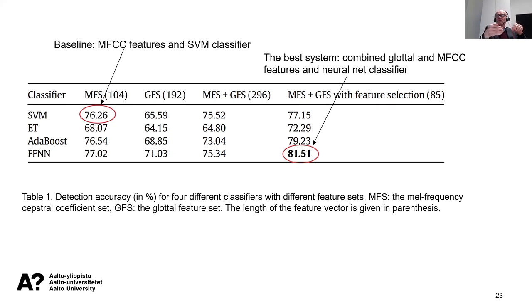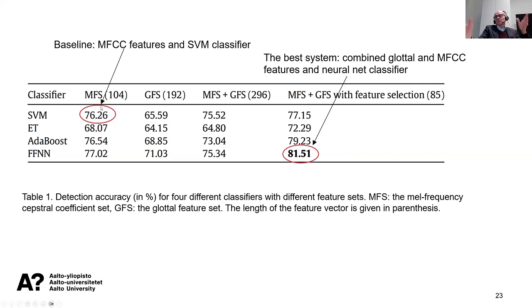It's called accuracy. So this 76 here means, to be simple, that I have 100 people, half of them patients, half of them healthy ones, and the computer automatically makes the decision whether a person is healthy or suffers from heart failure. So 76 of them are correctly classified.